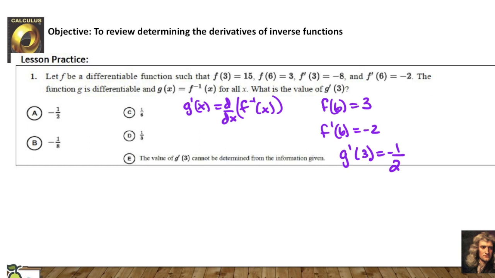For question 1, you know that g prime of x is the derivative of the inverse of f. Since f of 6 is equal to 3 and f prime of 6 is negative 2, then the derivative of the inverse at 3 must be equal to the reciprocal.